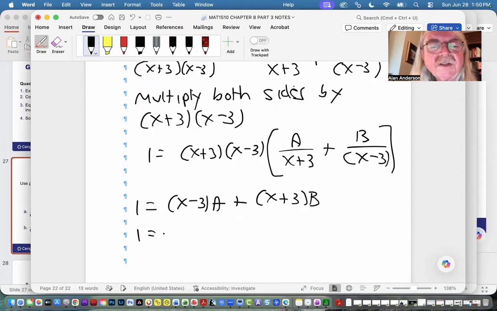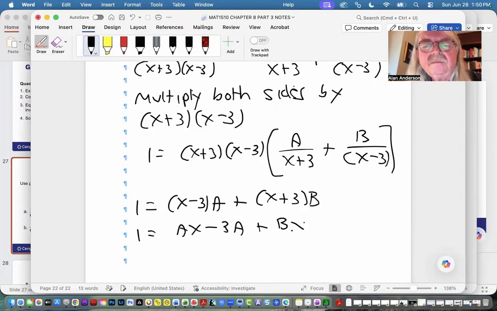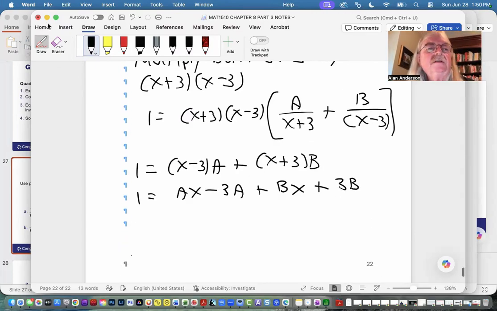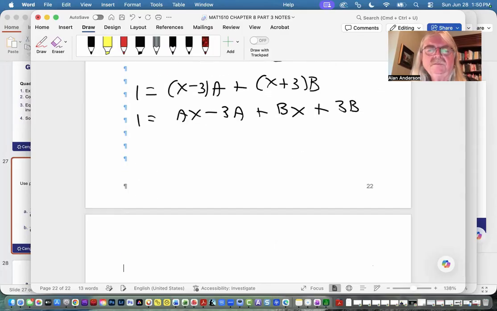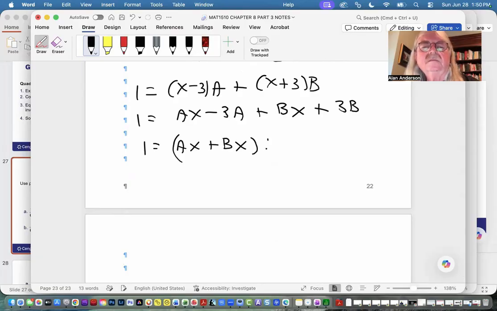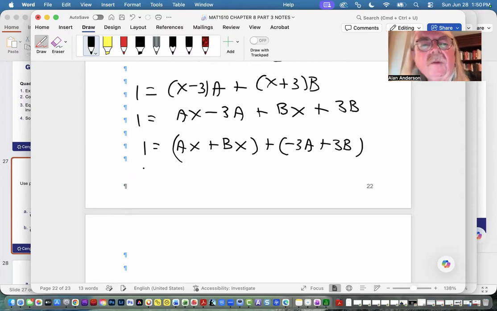So now we rearrange this algebraically. And now gather up the like terms. Now, oh yeah, one more thing.